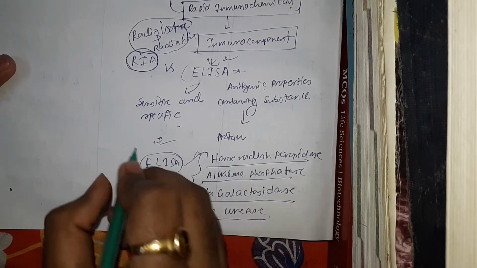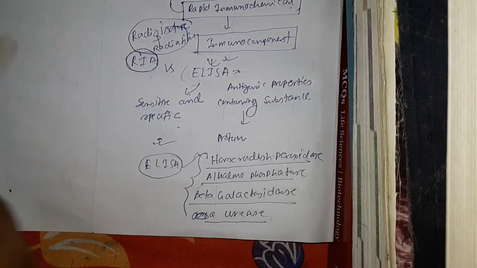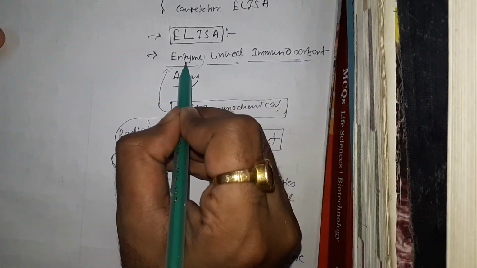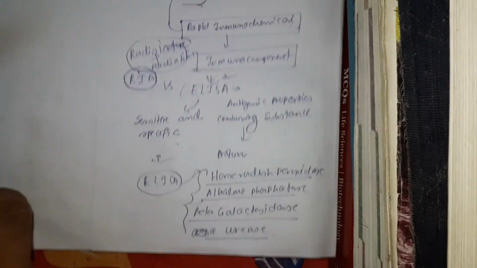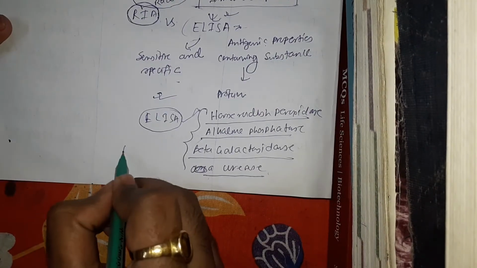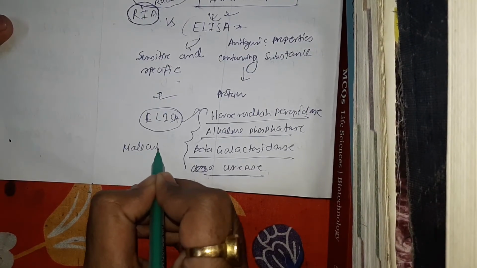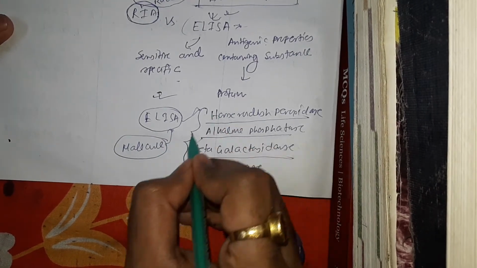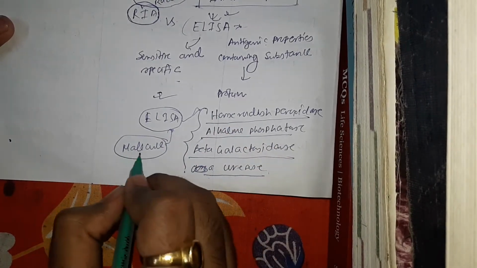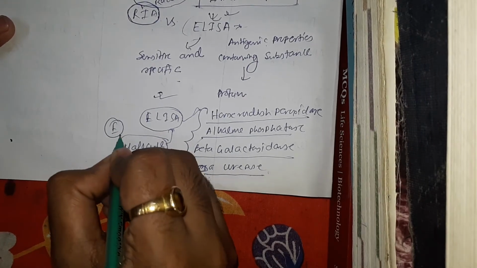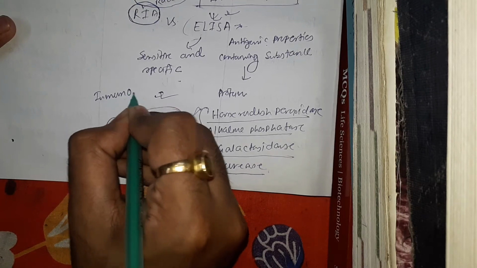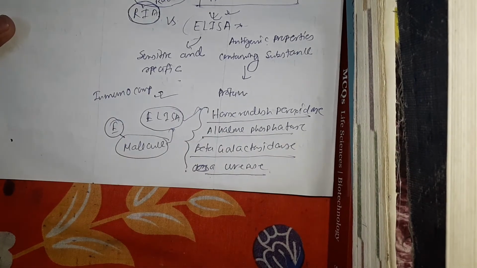These enzymes are linked with something, which is why the full form tells us about enzyme linked. That means we are going to use a molecule that is linked with those enzymes, and with the help of this enzyme linked molecule we are going to find a immunocomponent, or a component that bears antigenic properties.